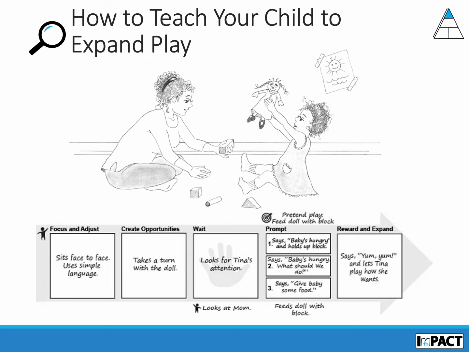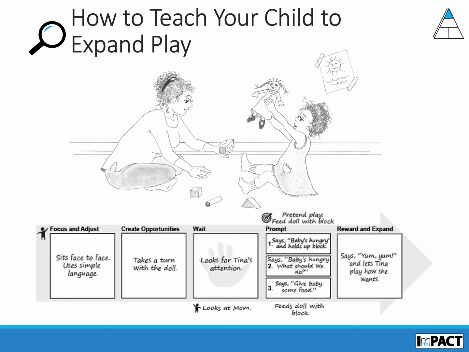Her mom creates an opportunity by taking a turn with the doll. When she has Tina's attention, her mom uses a leading comment to prompt Tina to feed the doll with the block by saying, "Baby's hungry," and showing her a block. When Tina doesn't respond, her mom uses more supportive prompts by repeating the comment and asking a question, "Baby's hungry, what should we do?"